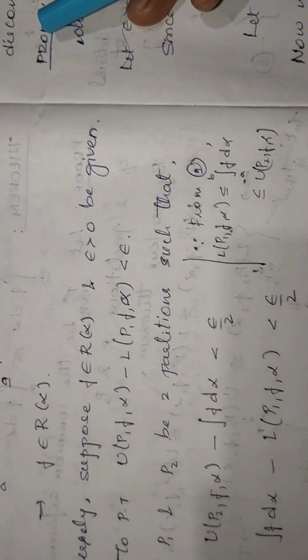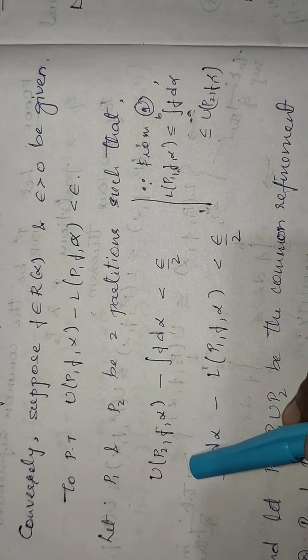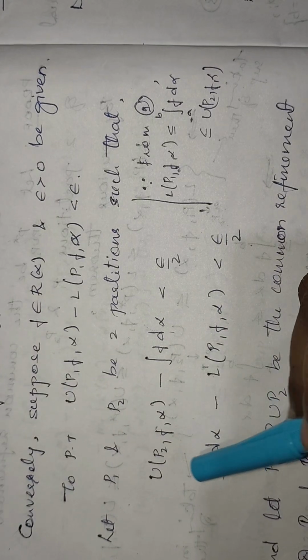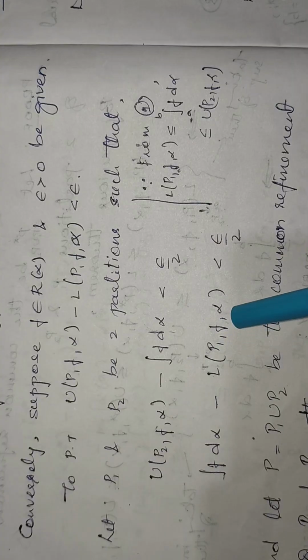See here, I have used this one. Okay, see here, if I take this L of P1, f, alpha this side, I have integral f d alpha less than epsilon by 2 plus L of P1, f, alpha. But now I have integral f d alpha plus epsilon by 2. So what I will do, I will add epsilon by 2 on both sides. So then I have integral f d alpha less than L of P1, f, alpha plus epsilon by 2 plus epsilon by 2. See why?